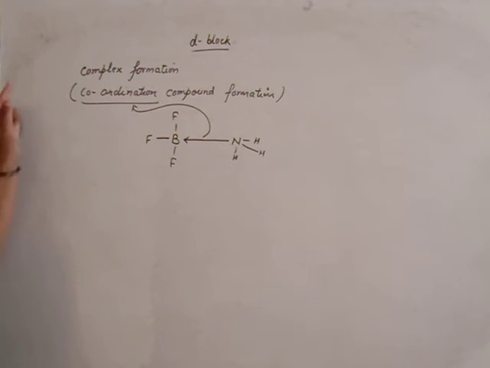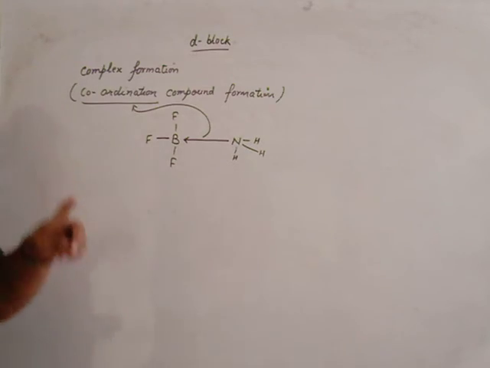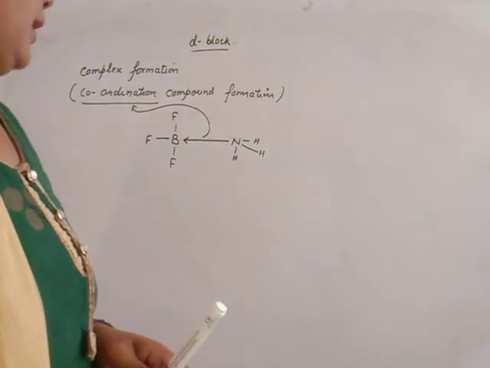These types of compounds are formed by d block elements. Why? Reason again same.